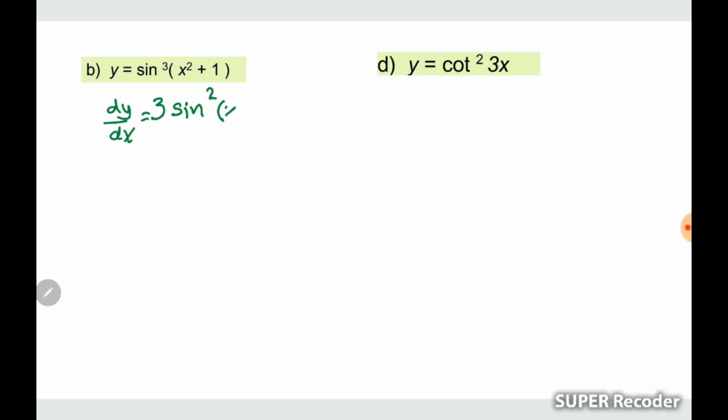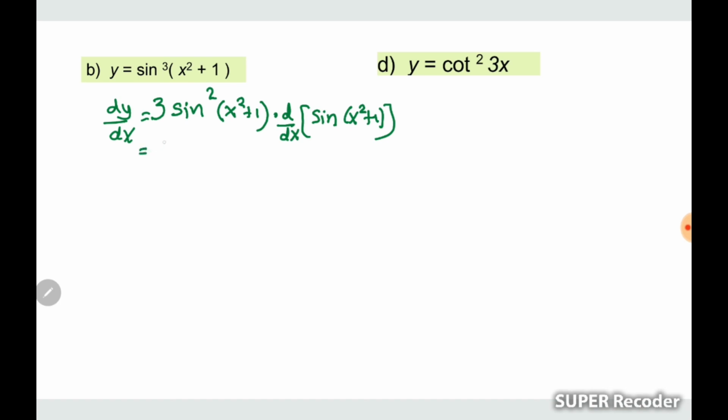Then what is u? Just copy and paste: x squared plus 1. Then you need to differentiate sine of x squared plus 1. Don't include the 3 here, only sine of x squared plus 1.